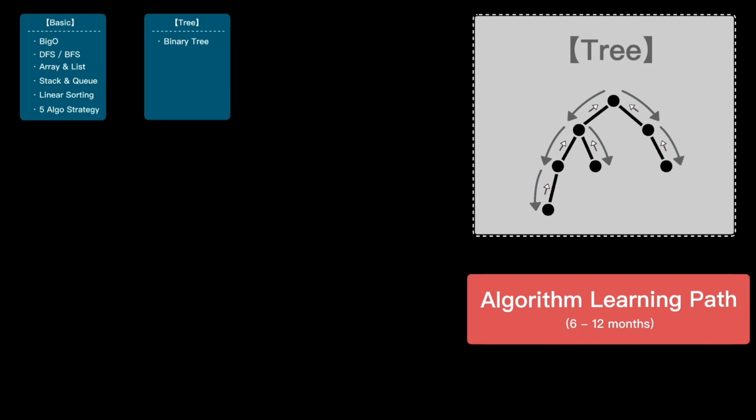Basically, it has a root node, and each node will have 2 branches as the max branch number. Once you understand the definition of a binary tree, you can try to understand how to traverse a tree. Traverse means going through all the nodes of a binary tree. There are 3 typical types of traversal, including pre-order, in-order, and post-order.